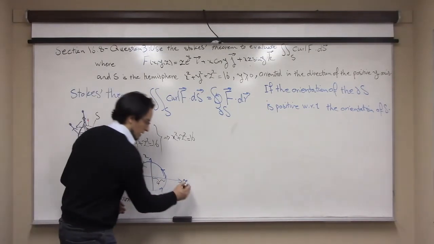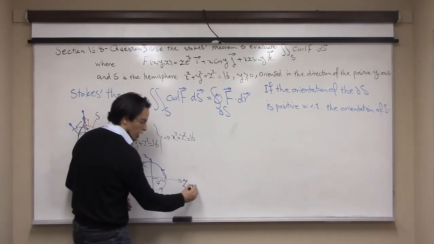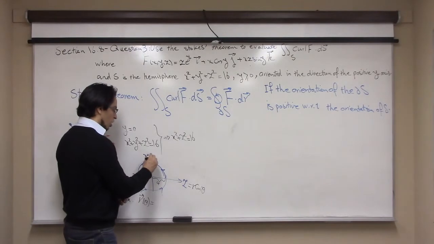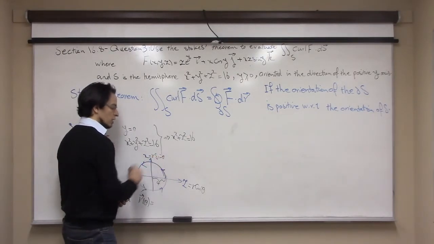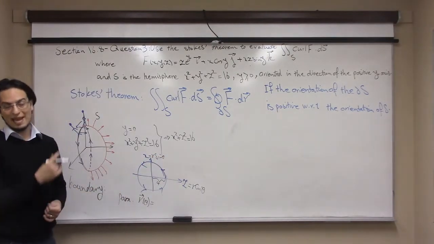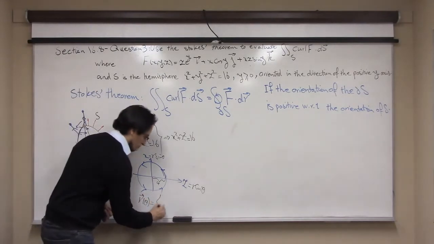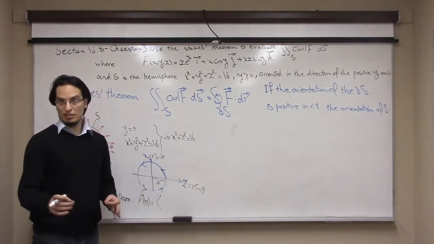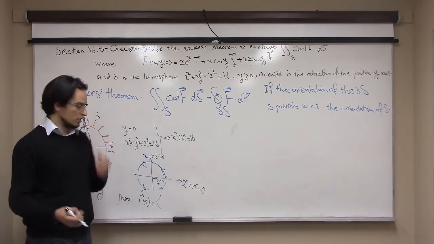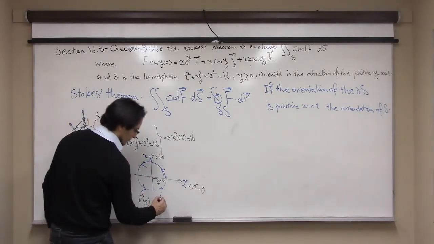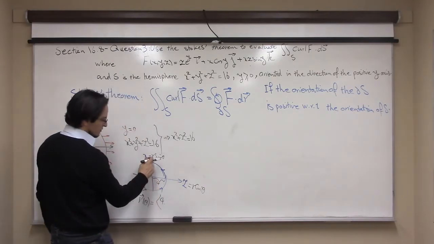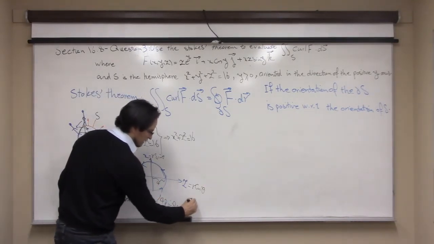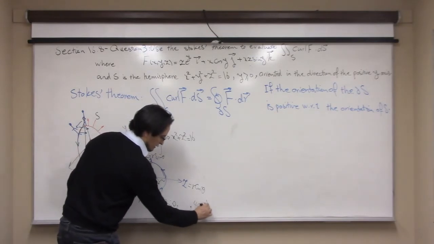So we are going to have r cosine theta for z and r sine theta for x. Okay, so let's put everything here. And we know that r is the radius of the circle, so it is going to be 4. x is 4 sine theta, and z is 4 cosine theta.